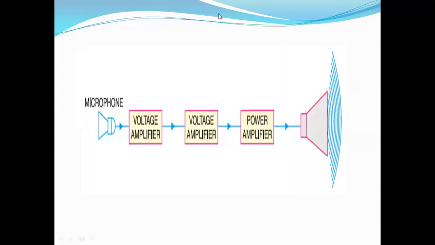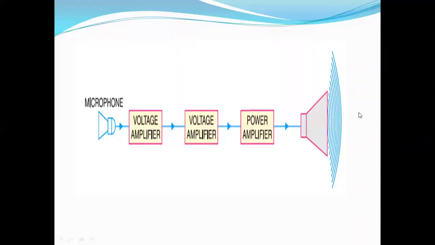So here we have the figure. In this figure, let us consider this is a microphone and we have some audio signal. That is, some person is speaking at this stage. That is nothing but a sound signal or audio signal. This is the loudspeaker.